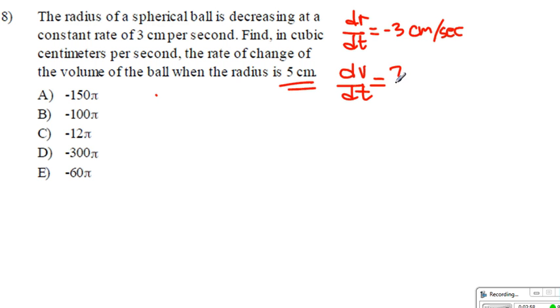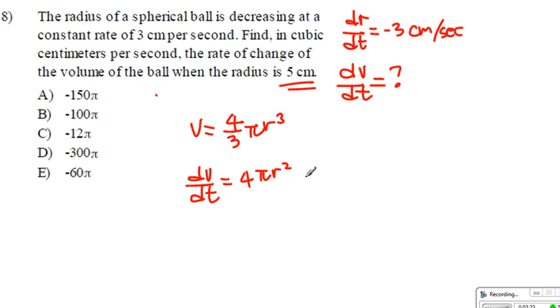In order for us to relate the volume and the radius, here we have V, the volume of the sphere, is 4/3 pi r cubed. Now, when you take the derivative on each side, we get dV/dt is equal to 4 pi r squared, because the 3 came out and cancels the denominator 3, and we have dr/dt.